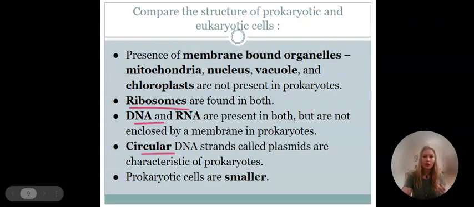Prokaryotes are also going to have circular DNA, so they literally have like one chromosome. There you go. That is the singular chromosome of a prokaryotic cell, okay? Versus eukaryotic cells, where we have that double helix, okay? And then again, prokaryotic cells are small, simple, basic, okay?